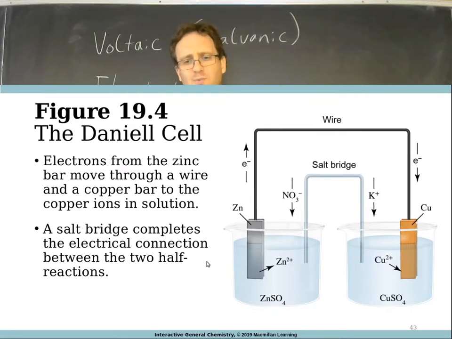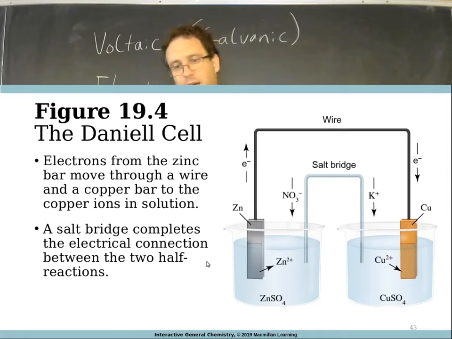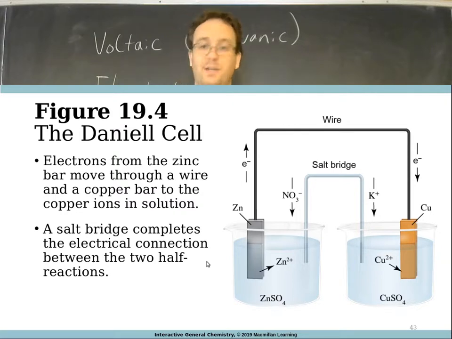And this is where oxidation will occur. The zinc metal will give up its electrons and produce zinc 2+ ions. That zinc metal bar is called an electrode.